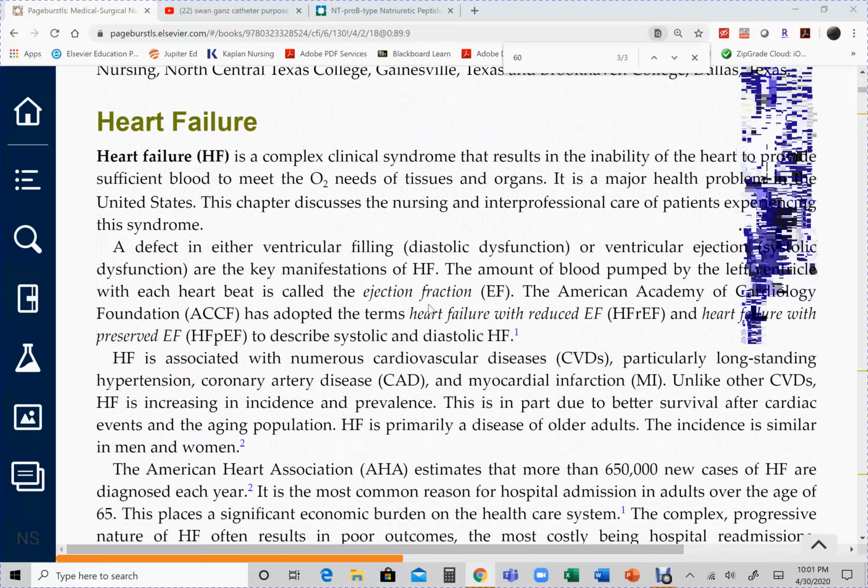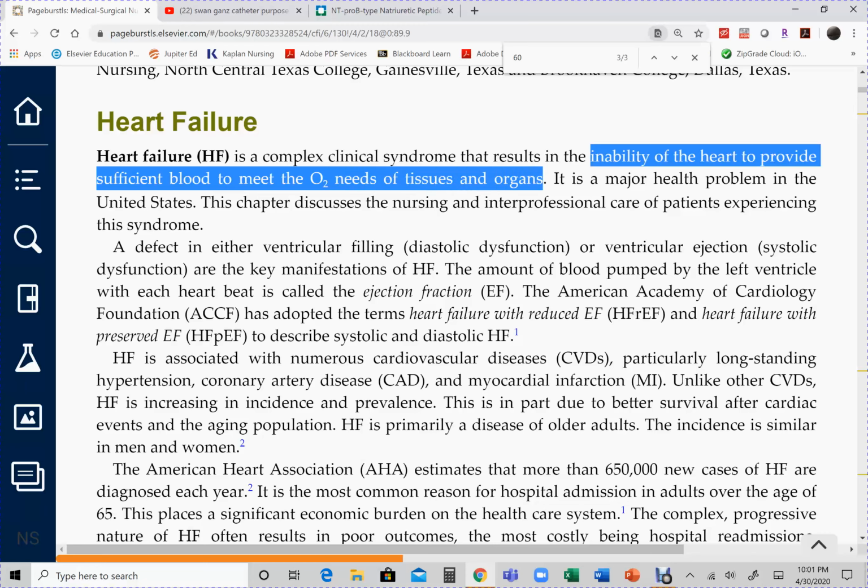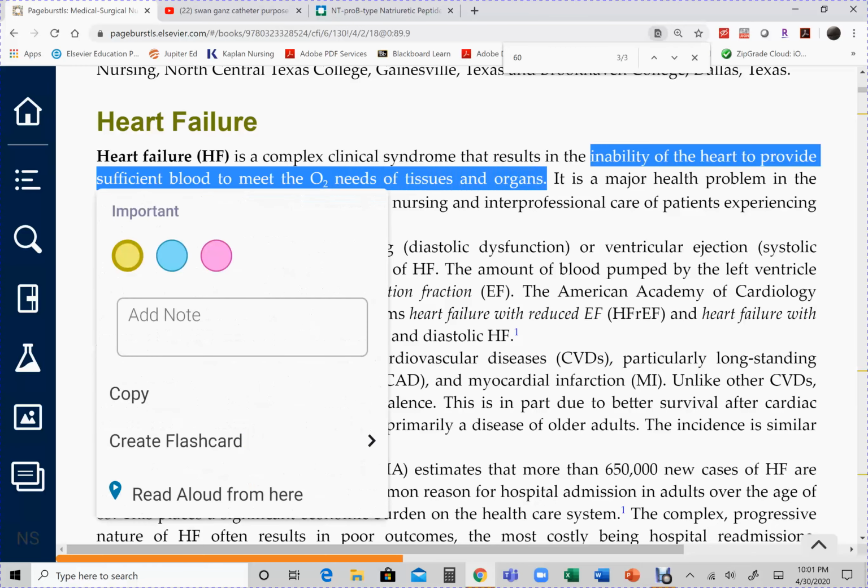By definition, heart failure is not just a disease. This is actually a state. It is a complex clinical syndrome which results in the heart being unable to do its job, which is to meet the oxygenation needs of the entire body.